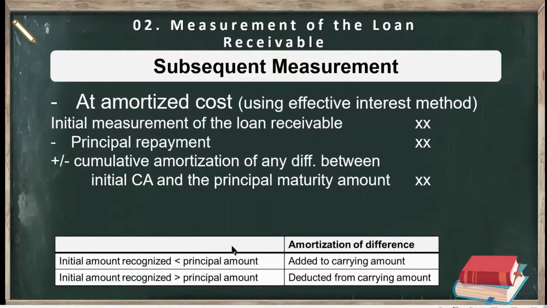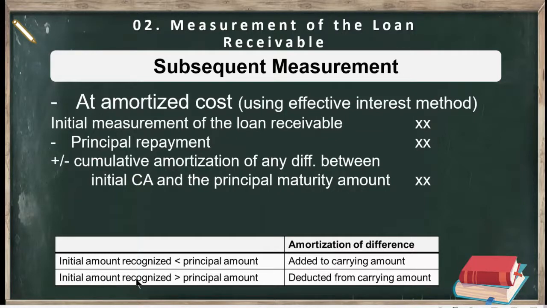To determine if we're going to add the amortization or not, it depends on the treatment here. For example, if the initial amount recognized is less than the principal amount, the amortization of the difference will be added to the carrying amount.